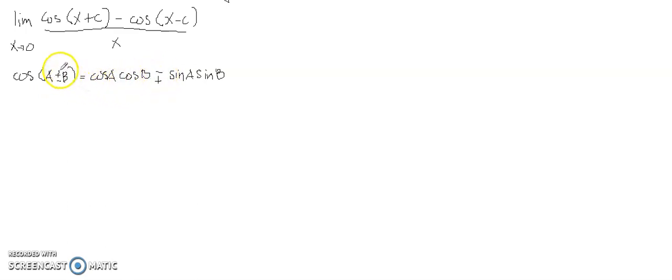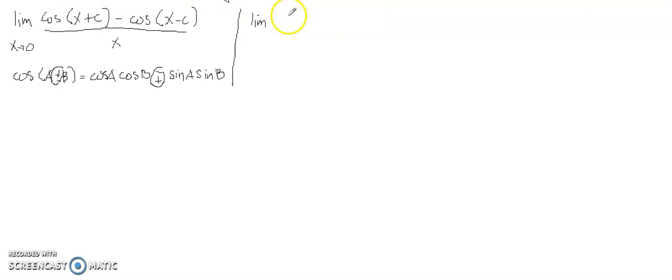Okay, so meaning may reversion ng sign natin. Okay, like for this example, if we apply to this limit, so it will become, so limit of, okay, cosine (x plus c). Okay, ang A natin ay si x, and then ang B natin ay si c.